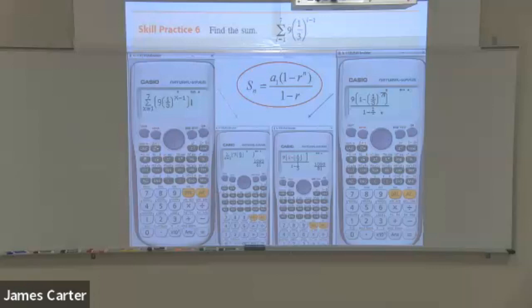By the way, the summation key, I have never gotten it to work on arithmetic ones, only on geometric ones.